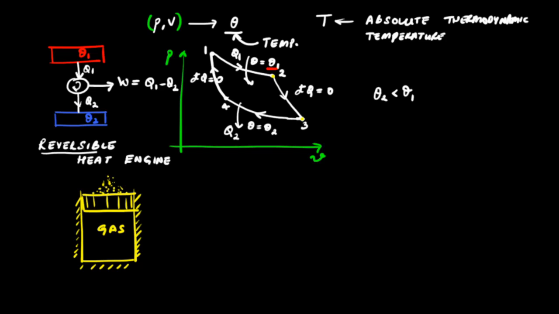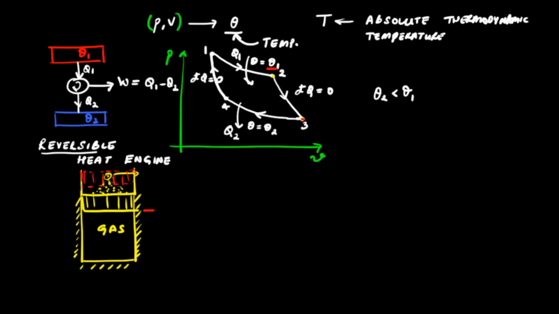Then if you remove one sand particle at a time, you can slowly expand this gas in a quasi-static manner, and the piston rises up and there's no heat transfer to the gas, and as a result the volume will increase and the pressure is going to decrease.